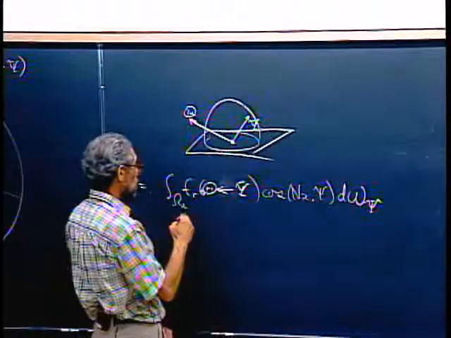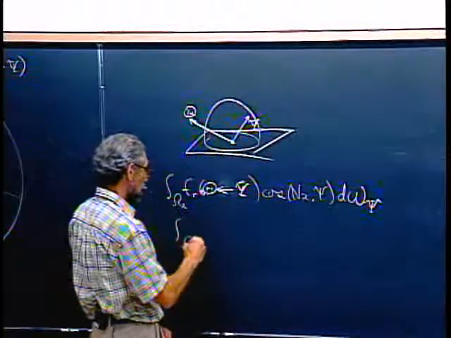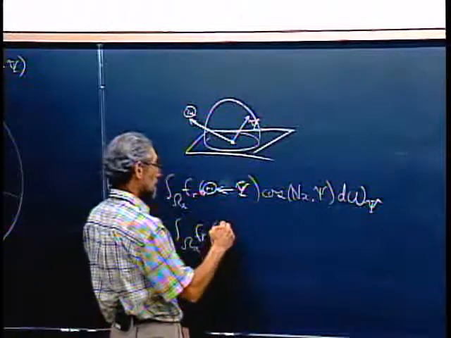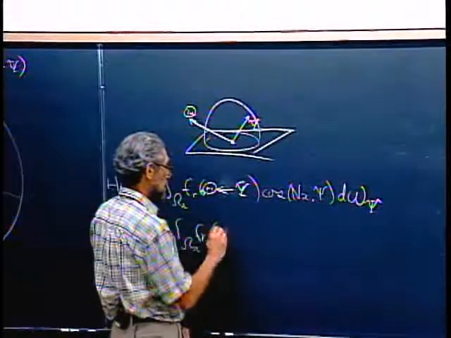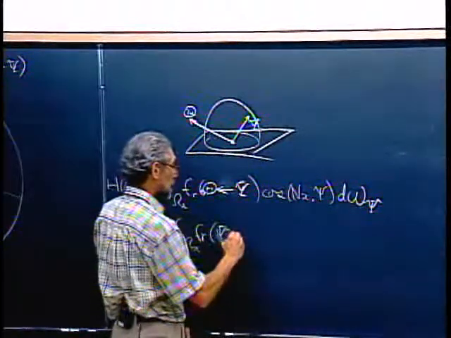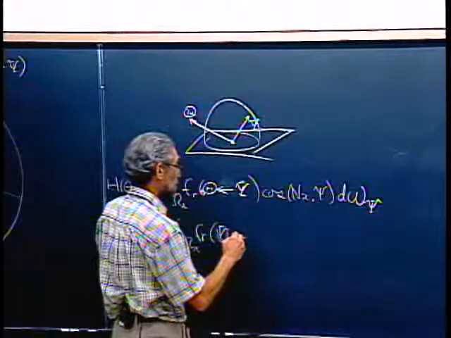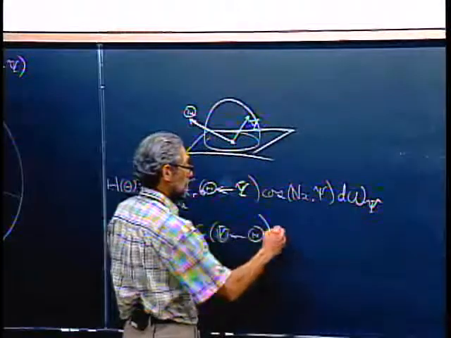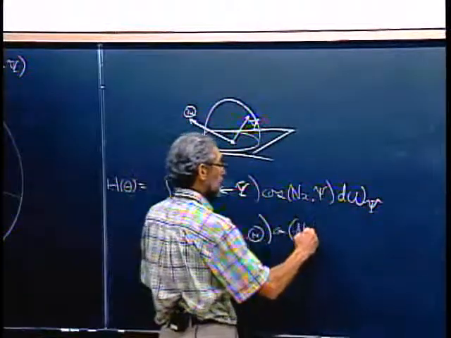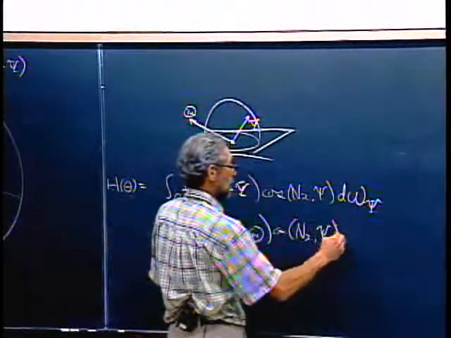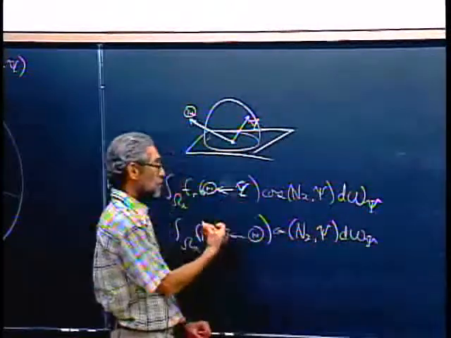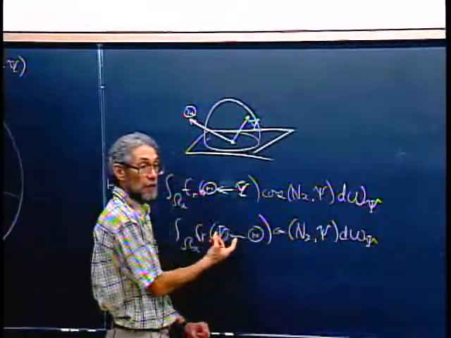Right? And then because of reciprocity, we can write it as theta reflecting into psi, cosine nx psi, d omega psi. That's because of the Helmholtz reciprocity of the BRDF.